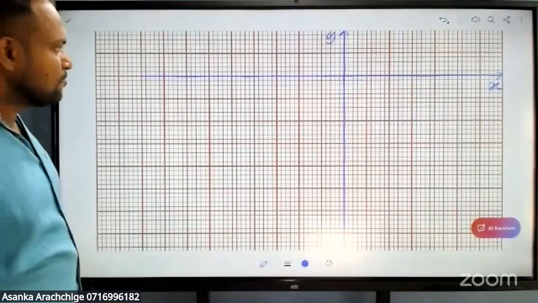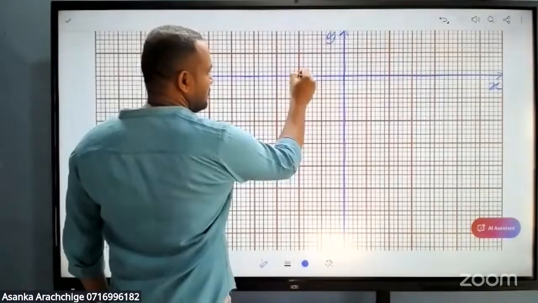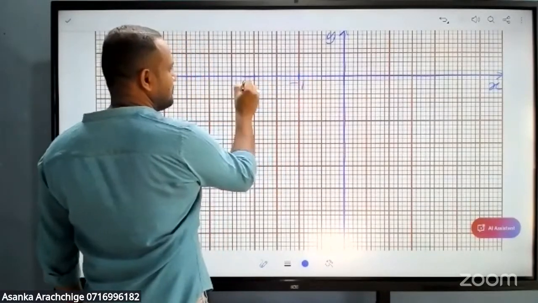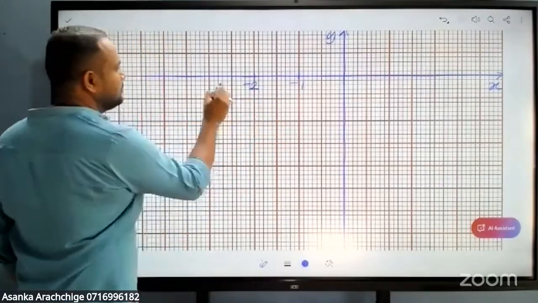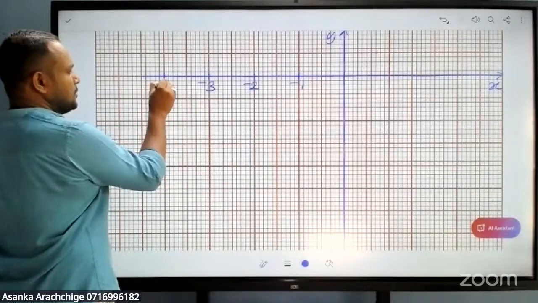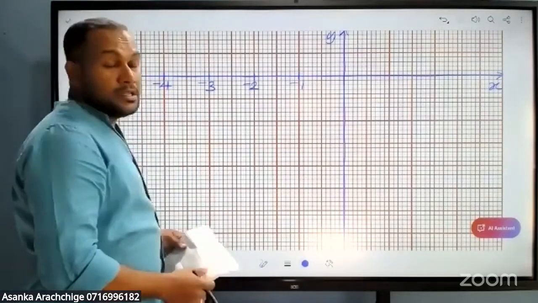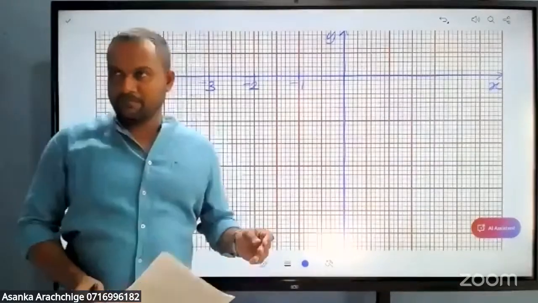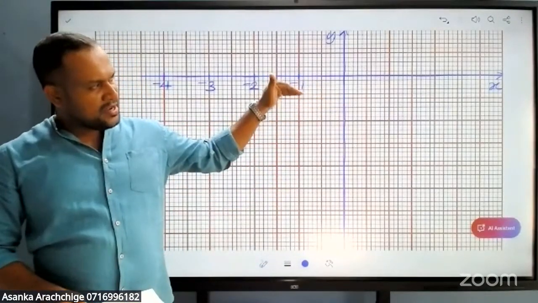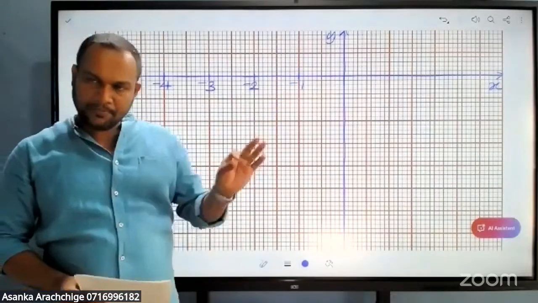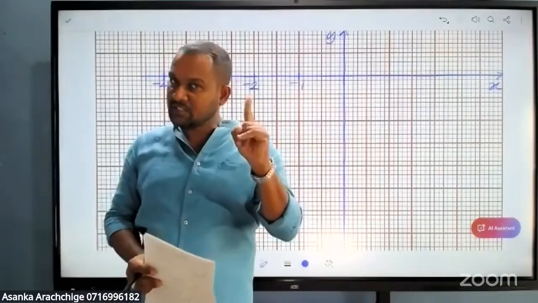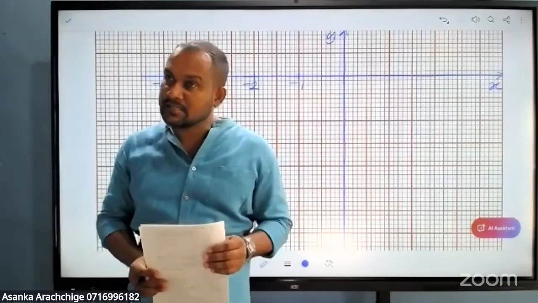Then this is -1, -2, -3, -4, because you know the standard form of taking the x coordinates on the x-axis, by taking 10 small divisions as one unit along the x-axis, right?